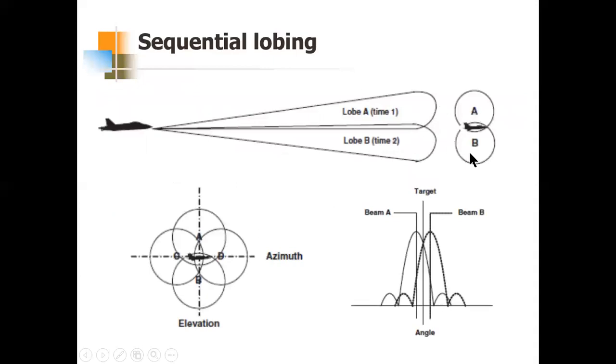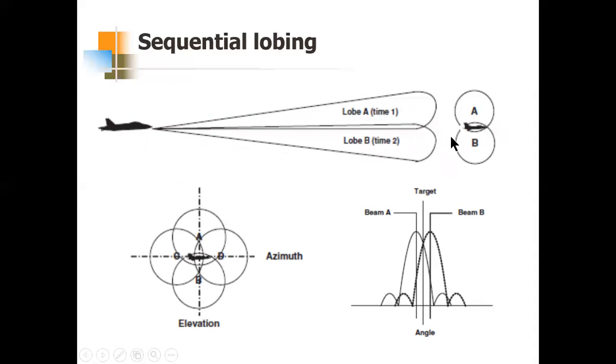This is one figure which shows the same thing, though it is not in the textbook. Here it is one angle coordinate. At time t1 we have lobe A, and at time t2 the same beam is switched to this position. If the target is along the switching axis, then lobe A and lobe B both get the same amplitude signal.